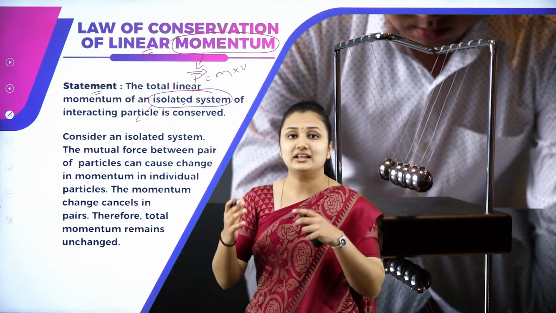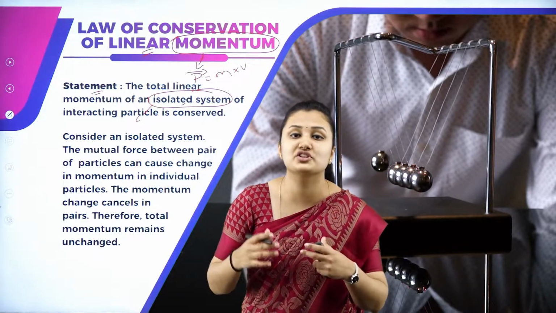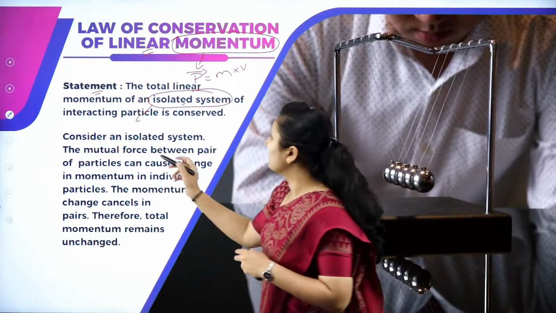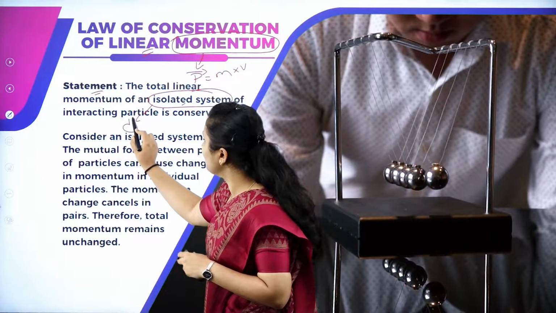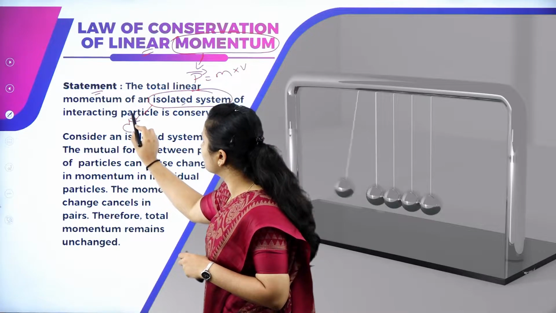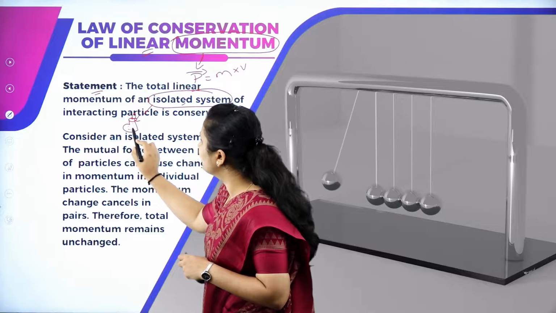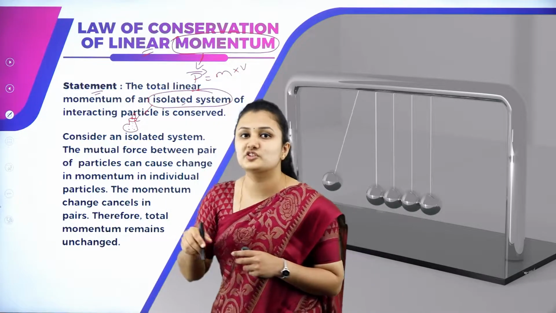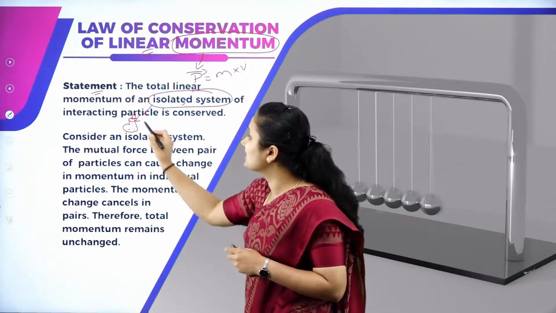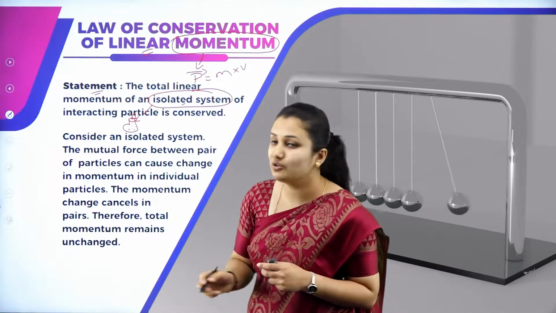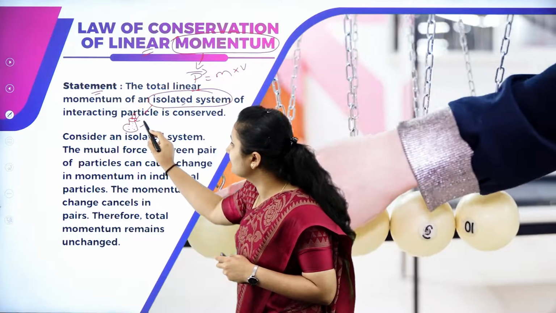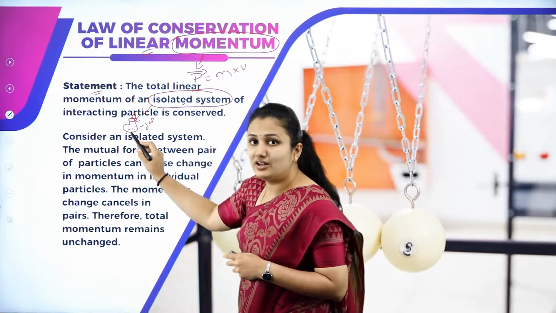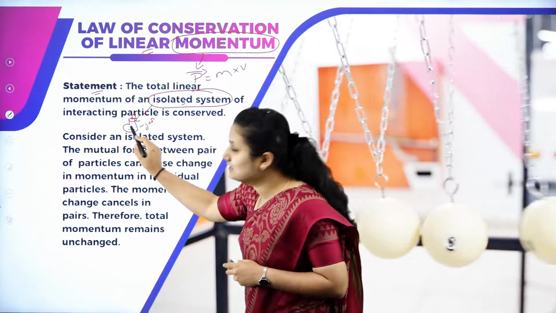For example, consider a jar closed with a piston, with a lot of gas molecules inside, tightly closed by the piston. The reactions of the gas molecules take place in this jar, so these gas molecules interact only within this system.